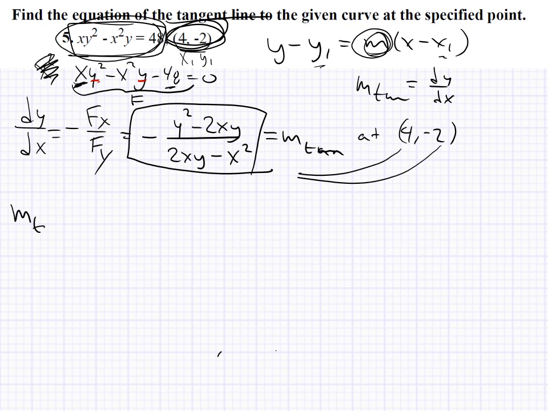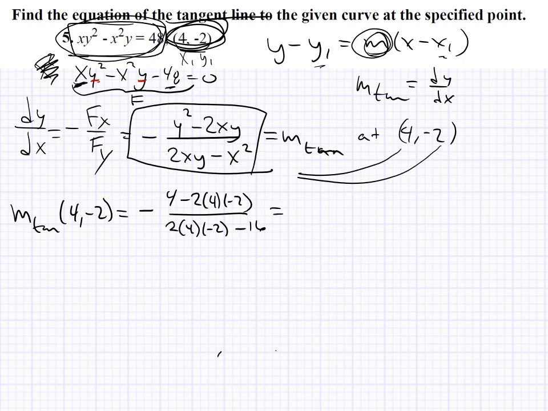So the slope of the tangent line at this 4, negative 2 point would be negative y squared, which would be 4, minus 2 times 4 times negative 2, all over 2xy, so 2 times 4 times negative 2, minus x squared, which would be 16. So do that computation. What do we get here?